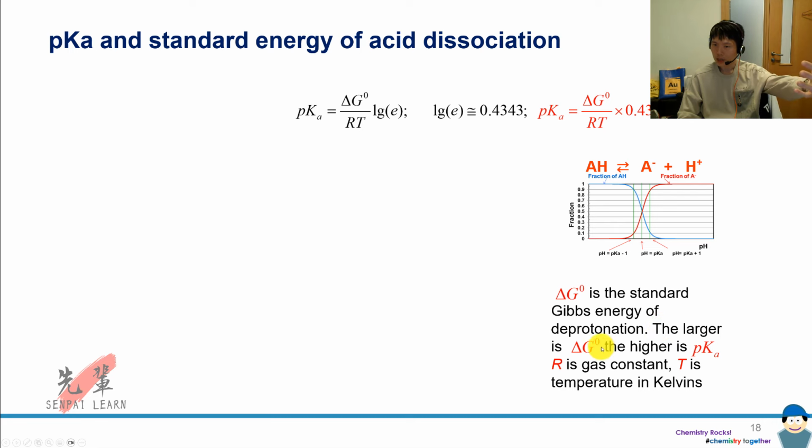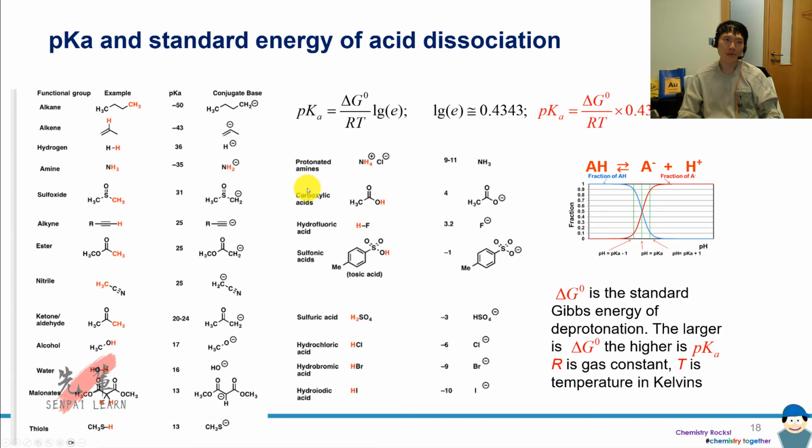The larger this value, the higher the pKa. R is the gas constant 8.314, T is temperature in kelvins. And for each hydrogen you see in any molecule here, there's a pKa value. And this tells you how much it likes to come off. How labile is it? How much it likes to act as H plus.